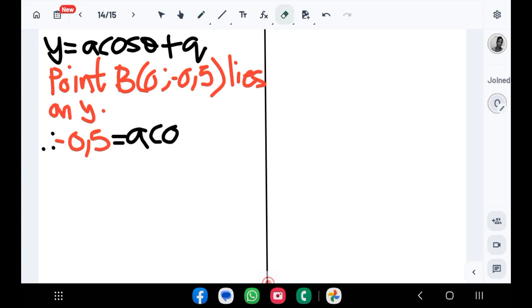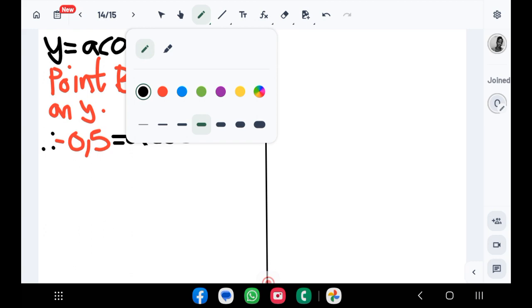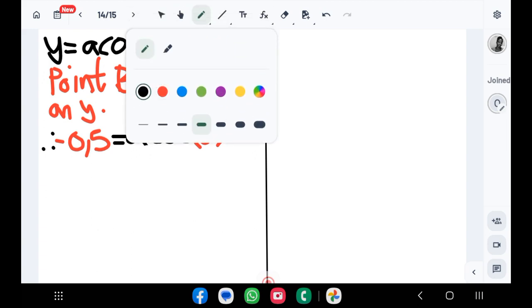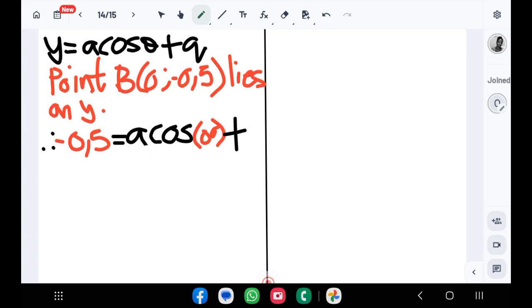The theta that we substitute is the x coordinate of this point, that is 0 degrees. All right, plus q. We don't know what q is, so we just write it as plus q.